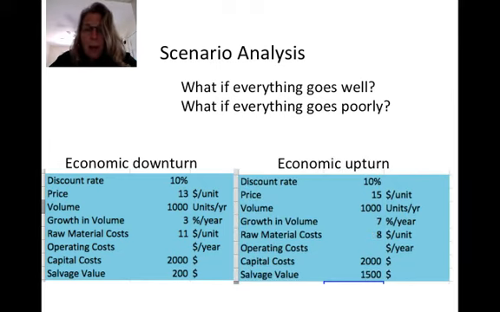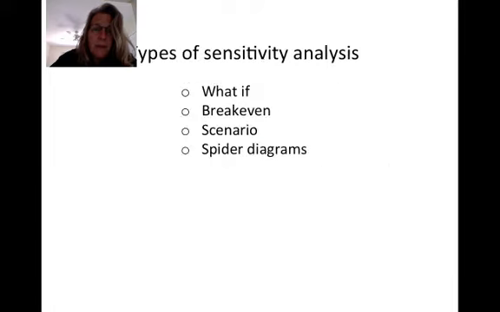And then a better scenario: high prices, high growth rates, low operating costs, low raw material costs, and a high salvage value. What would the values be? That's scenario analysis.